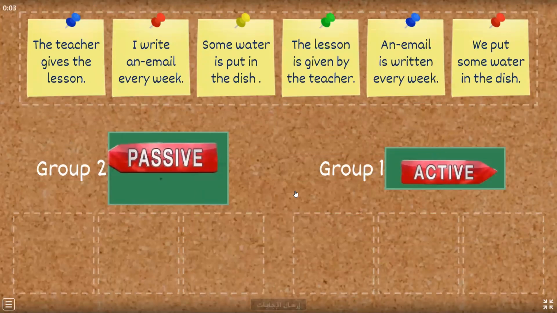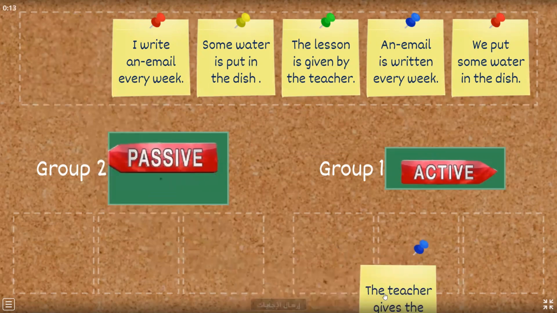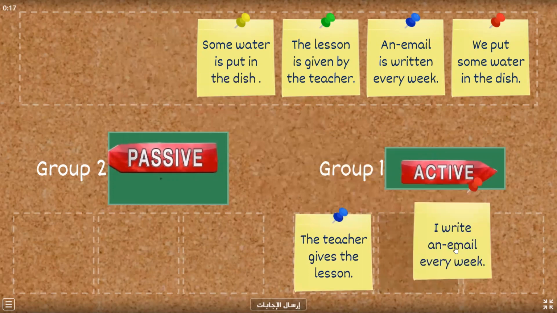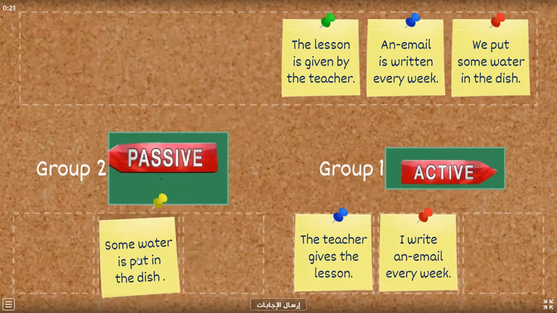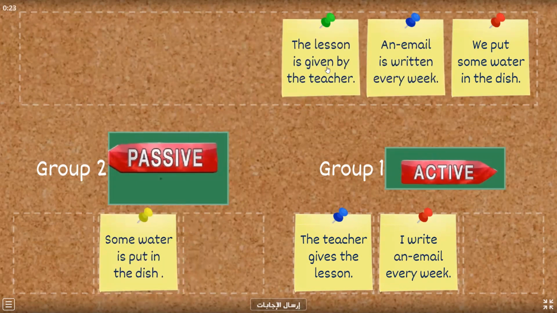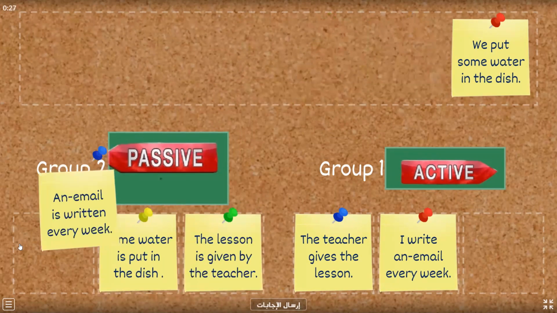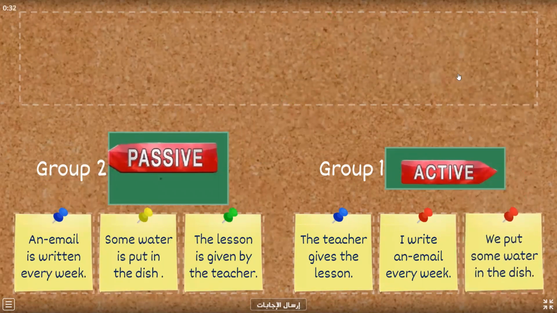You've got here 6 sentences and 2 groups, passive or active. The teacher gives the lesson is active. I write an email every week, active. Some water is put in the dish, passive. The lesson is given by the teacher, passive. An email is written every week, passive. We put some water in the dish, active.